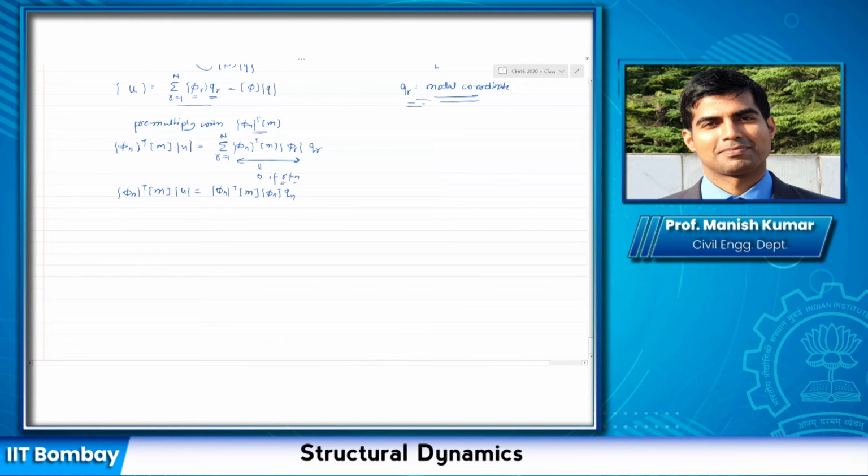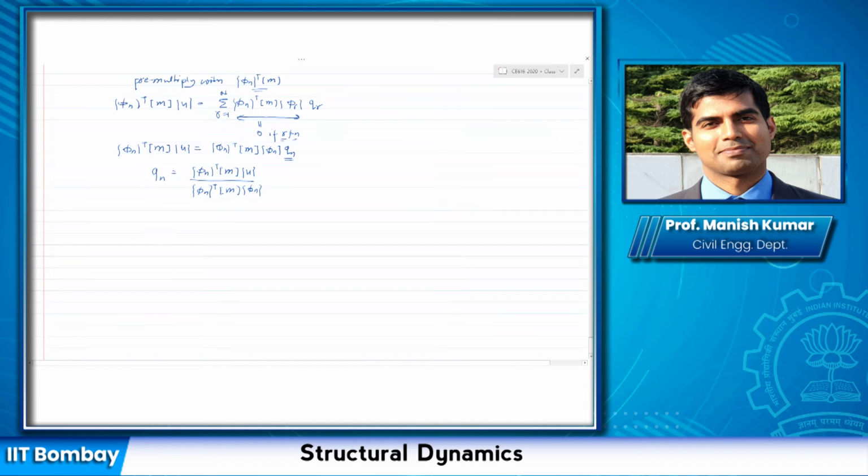So this quantity q_n, I can take this term and write it in the denominator. I will get this divided by phi_n transpose times m times phi_n. So this is the expression for finding q_n if your u is given.